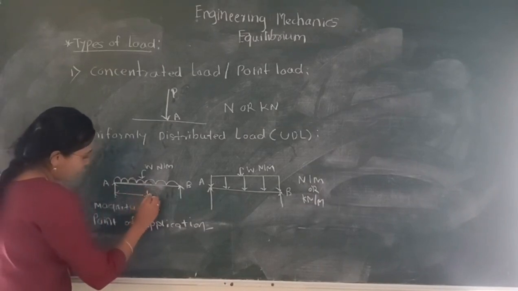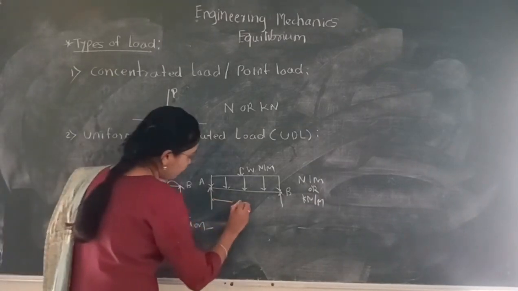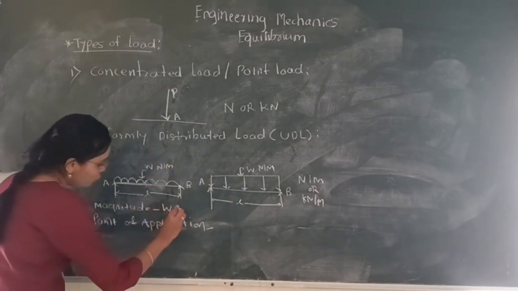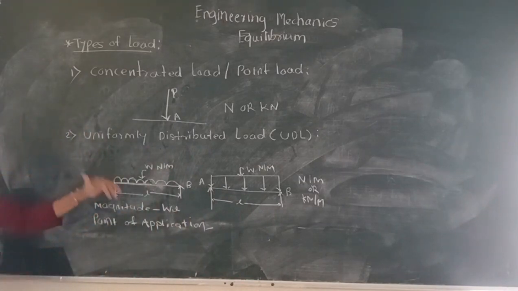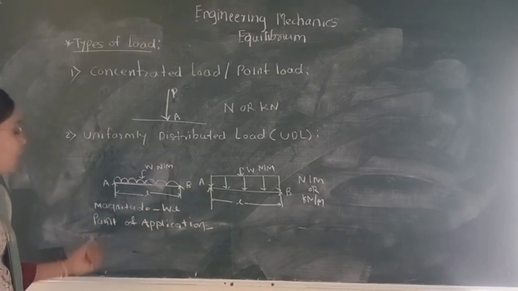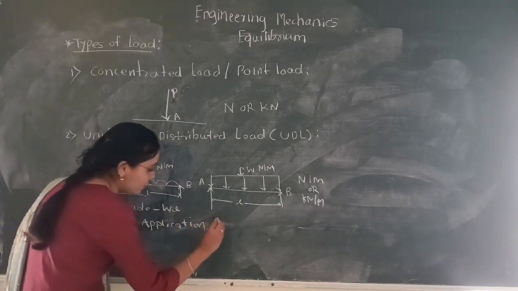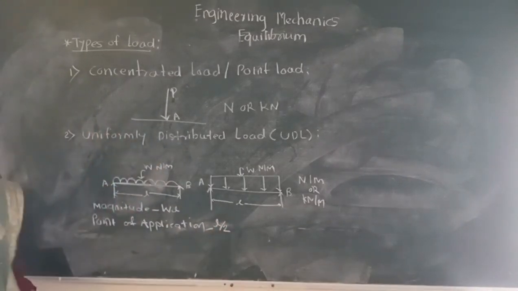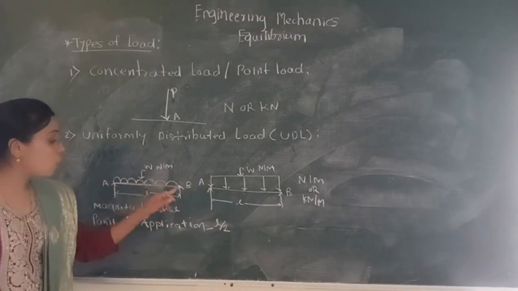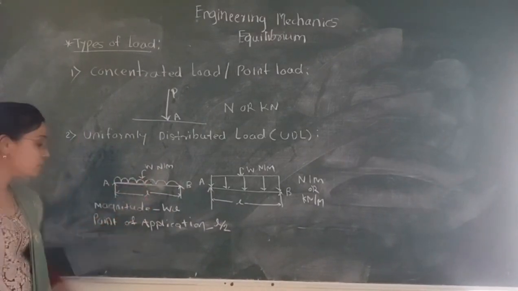Let's consider L will be length of beam. So area for this beam will be W into L. So converted concentrated load's magnitude will be WL and it will be at a distance of L by 2 from support A as well as support B, because centroid of this portion will be at center.